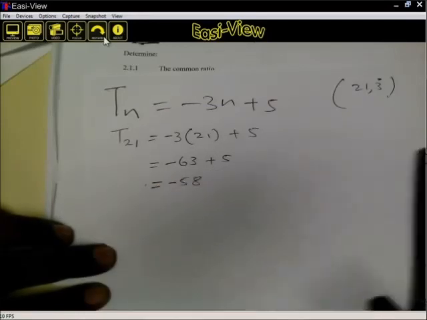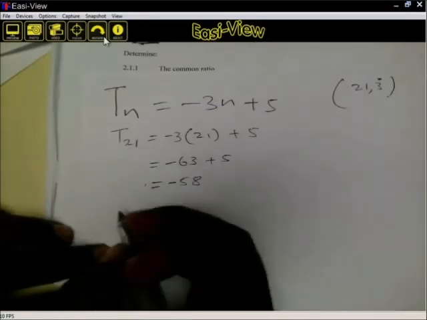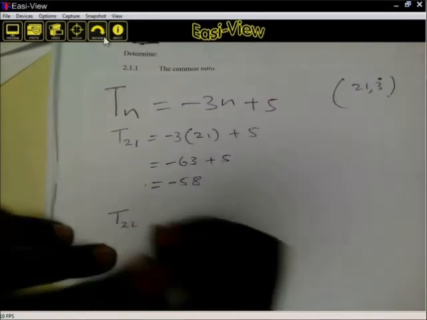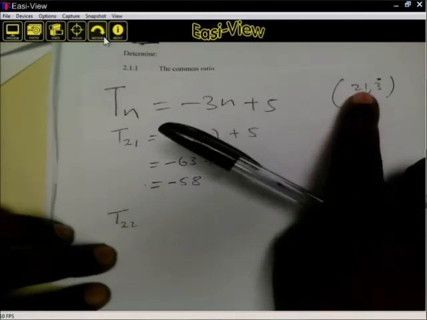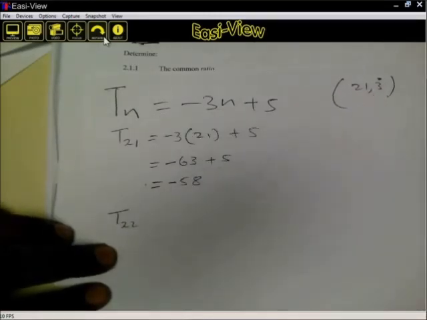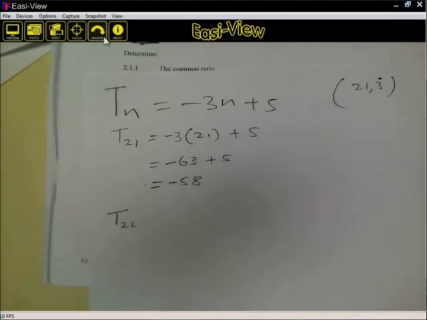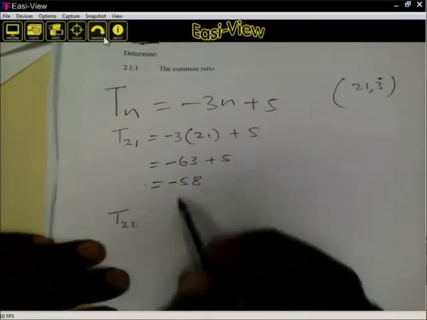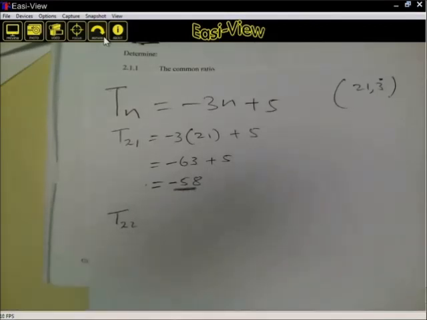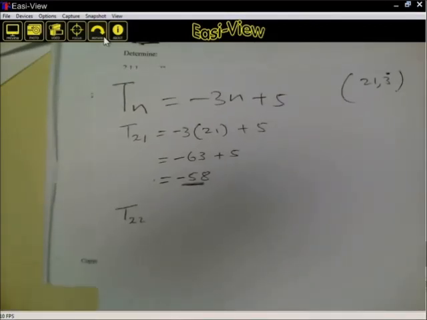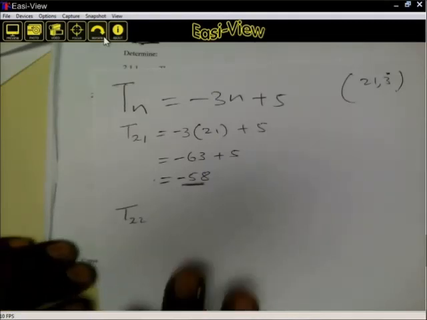Right. So we also check with 22, because we want the first value to be less than negative 59. Now, if I may ask for interest sake, is negative 58 greater or smaller than negative 59? Keep that in mind while I do this one.